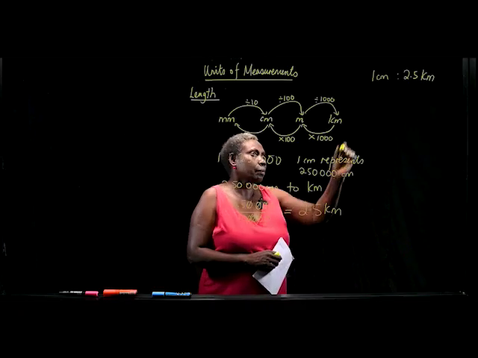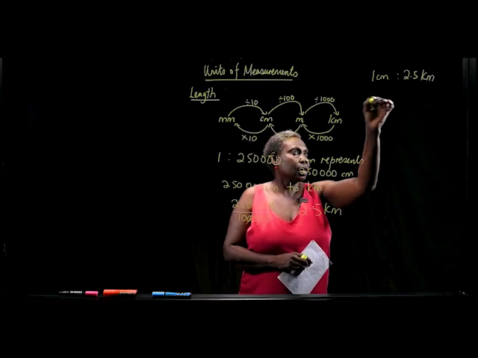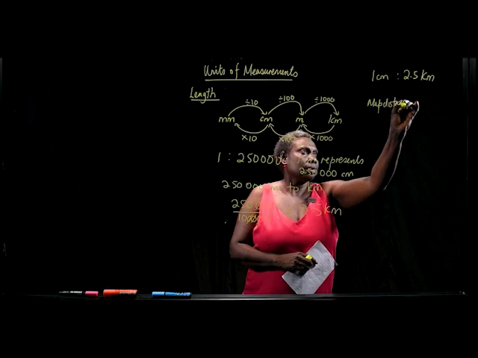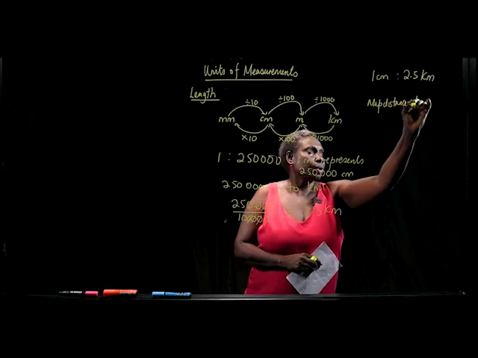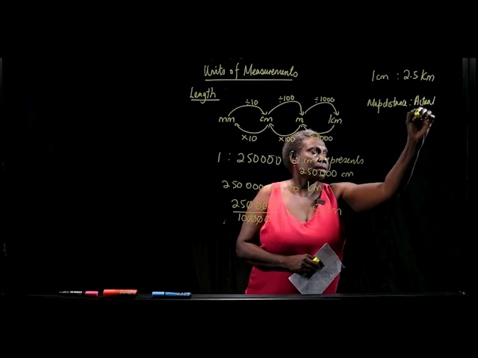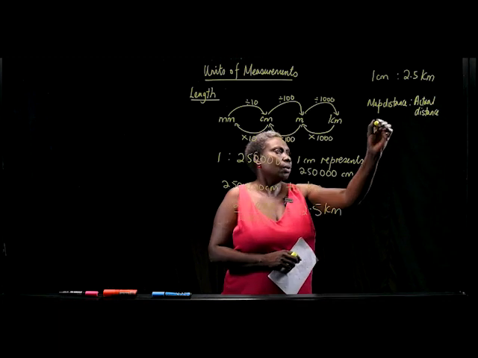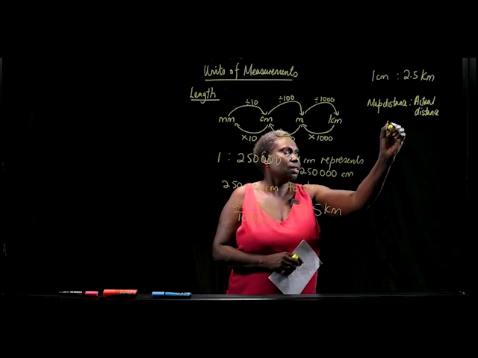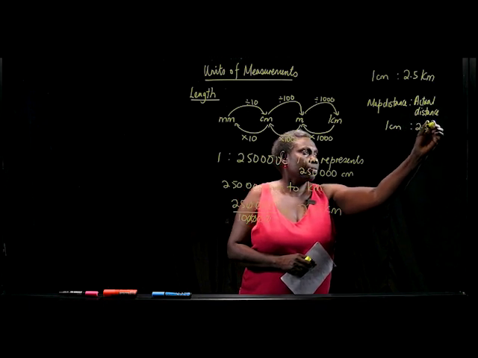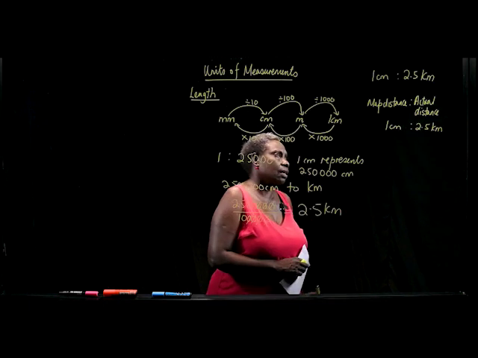So let's say we have the map distance is to the actual distance. So the map distance is 1 centimeter is to 2.5 kilometers.